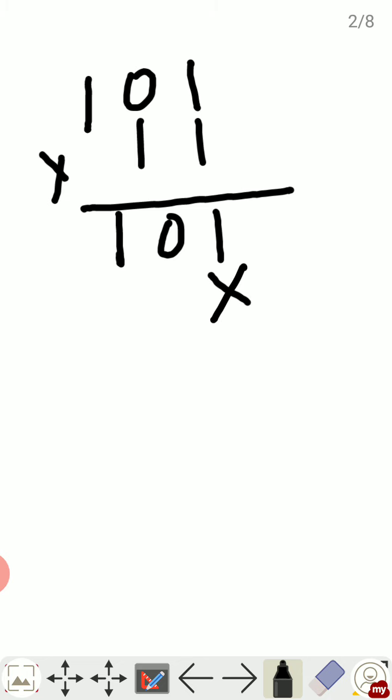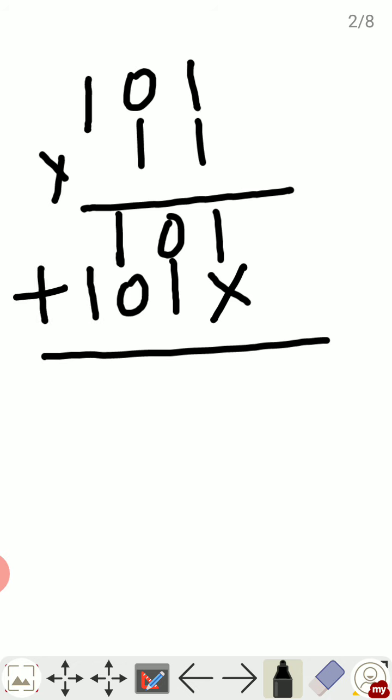Here we'll cross it. 1 ones are 1, 1 zeros are 0, 1 ones are 1. Now we will add all these digits as we do in binary addition. So here it will be 1, 0 plus 1 is 1, 1 plus 0 is again 1, and this 1. So this is how we do binary multiplication.